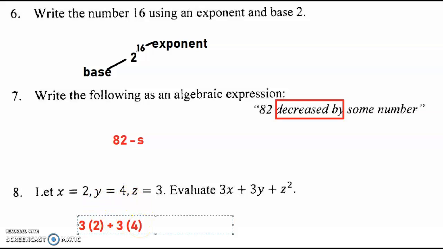I like to put them in parentheses. It just helps me organize. And the last thing is plus Z, which is 3 with the exponent of 2, right? So I'm going to put 2 here, and actually I'm going to make it smaller. But you know what a little floating guy means? That it is small. There we go.